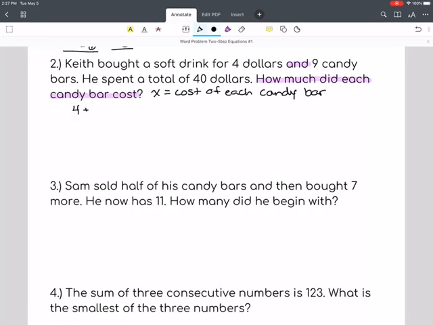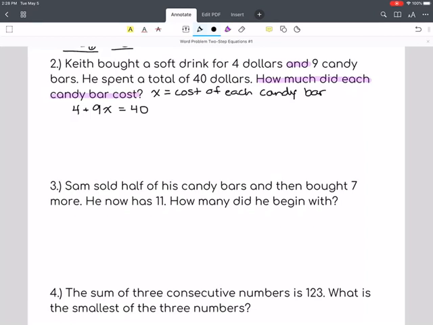And then 9 candy bars. So I know my variable is the cost of each candy bar, and I know he bought 9 candy bars. Because those two things are similar, they're both dealing with candy bars, those two things go together to make 9x. And then all together, it cost $40.